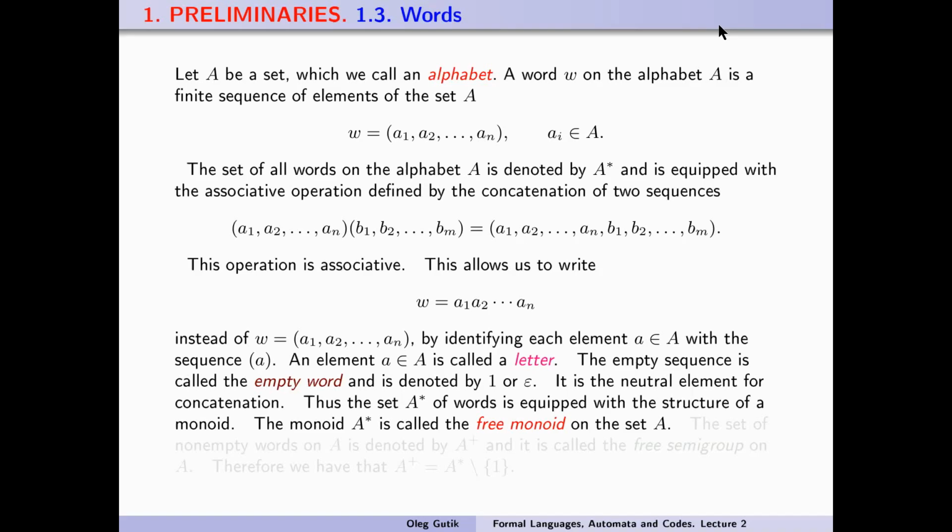When our set is a singleton, when A consists of one element a small, all words in A star are the following: the empty word, epsilon, a, a square, a to the power 3, and so on, a to the power n, and so on.